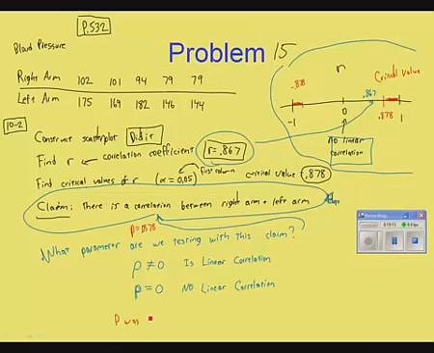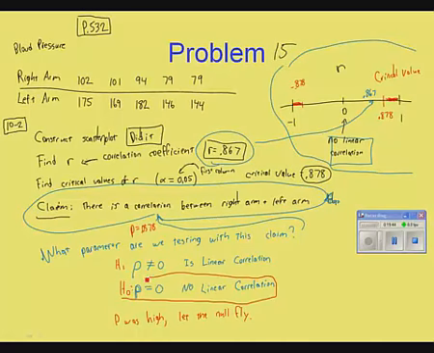P was high. So that means let the null fly. Now, here's the question. I didn't word it this way before, but I'm going to now. What was the null hypothesis of this whole problem? Rho is 0. Yeah, that was the null hypothesis. This is H0 and this is H1, right? So we decided there was no linear correlation.